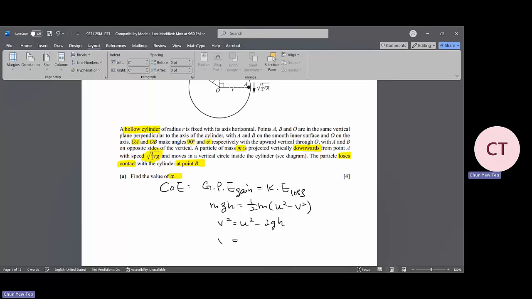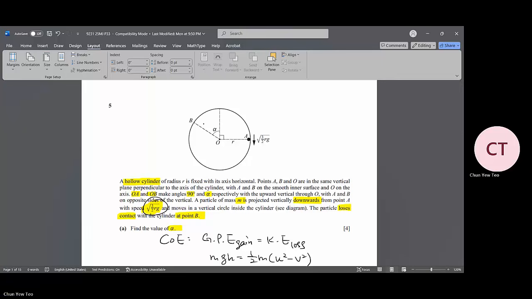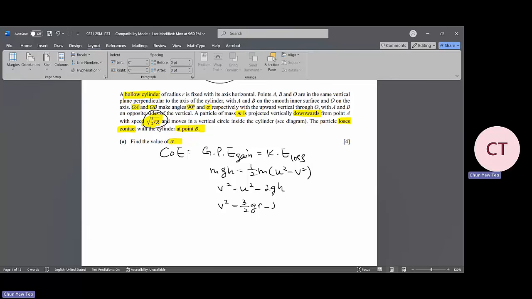Your u is given as this, so it's 3 over 2 gr. Your h is over here. This is the h. So your h will actually be r cos alpha. So it's 2 gr cos alpha. I call this equation 1.